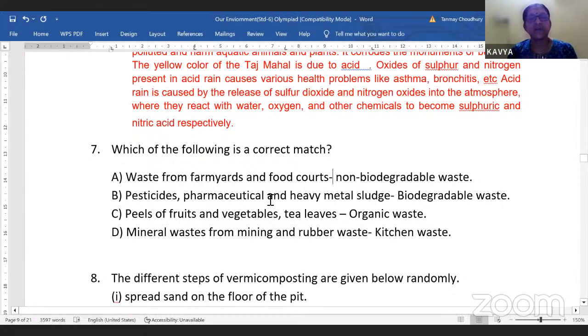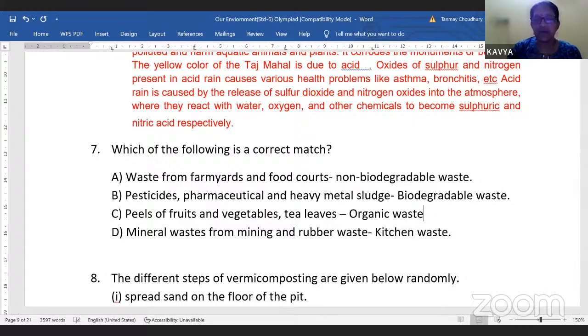Pesticides, pharmaceuticals, which means medicines, and heavy metal sludge. Are they biodegradable? No. Pesticides are non-biodegradable. So this is not a correct match. Peels of fruits and vegetables and tea leaves are organic waste. Organic wastes are the same as biodegradable waste.